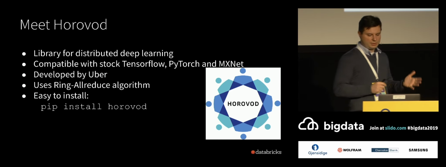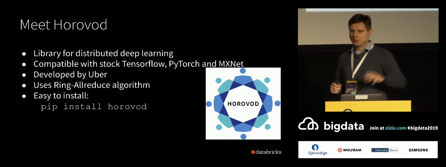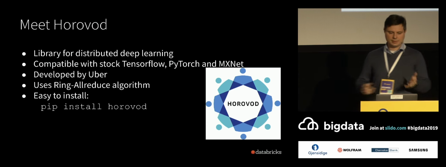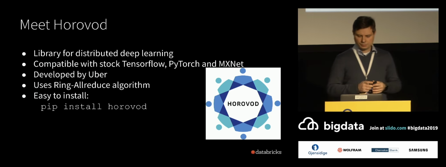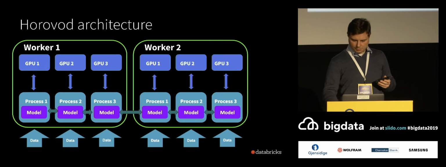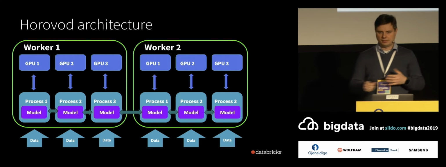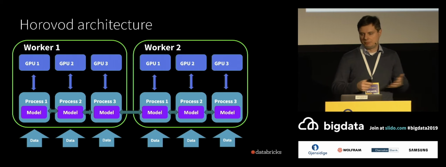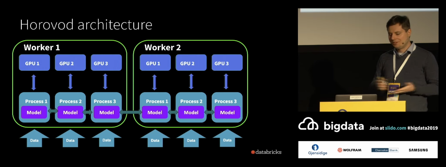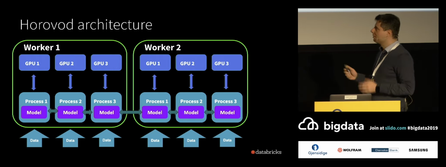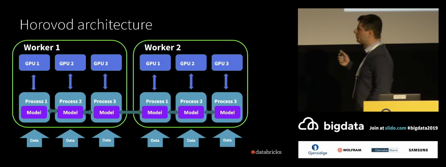You can use your TensorFlow version. You don't have to change a lot of things. You can just add things that are important for Horovod, and then your training pipeline will start being distributed.